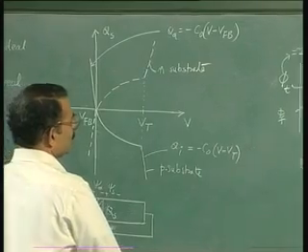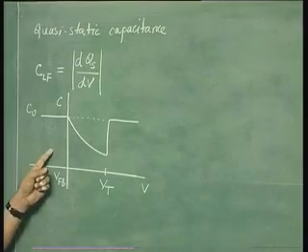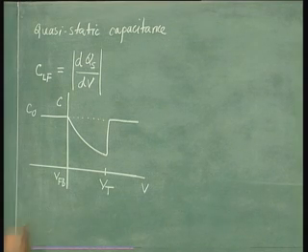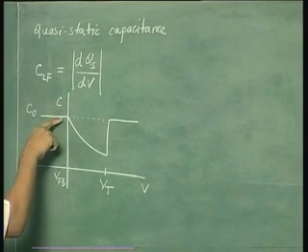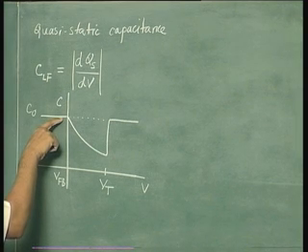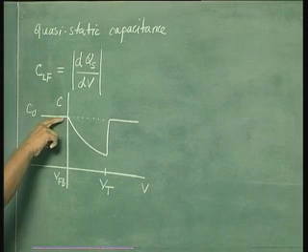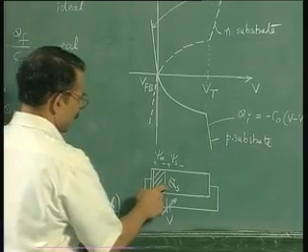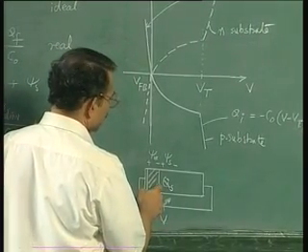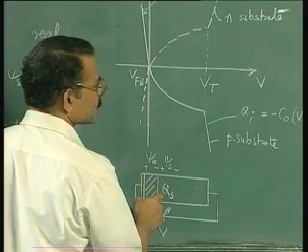Now, what is the meaning of this? The meaning of this capacitance is that when you make changes in the voltage, initially the change in the charge because of change in voltage is coming from the interface, that is why the capacitance is C naught. That is, in terms of this diagram here, when you make a change in the voltage in the accumulation region, the changes take place right at the interface.